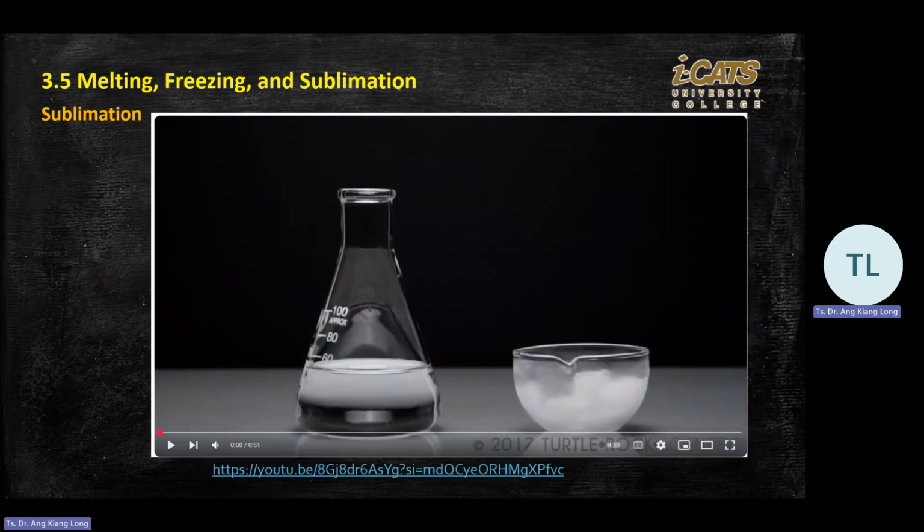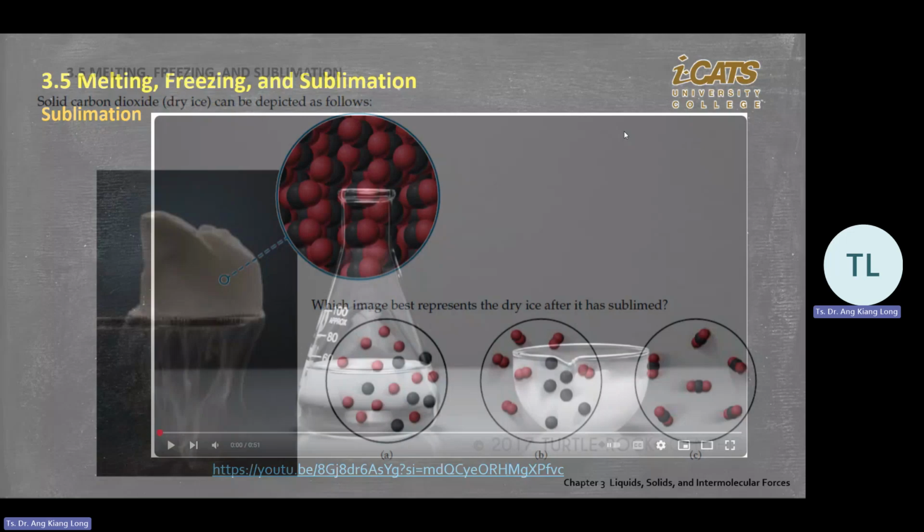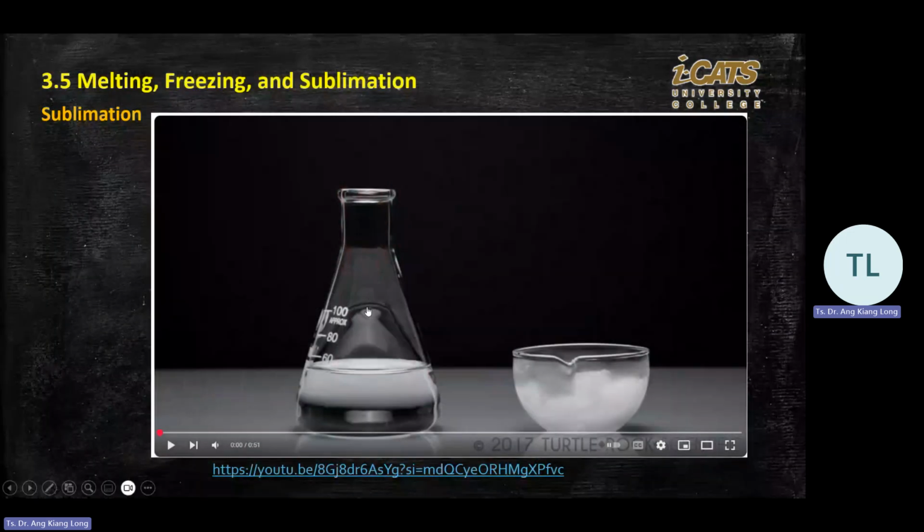So this is a video to let you see what happens in sublimation.